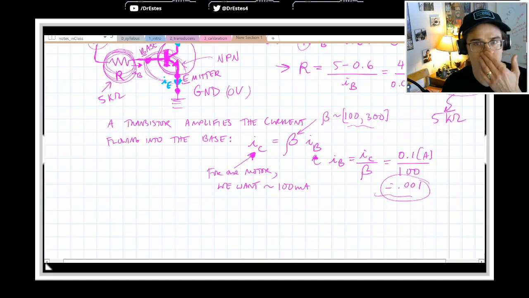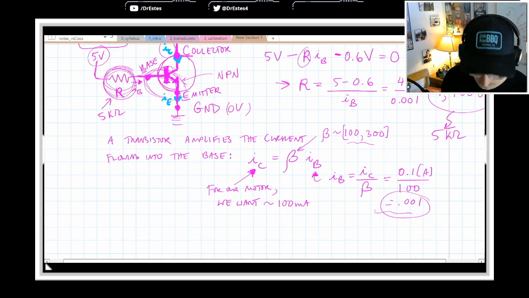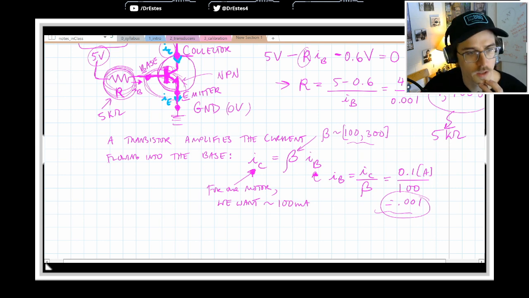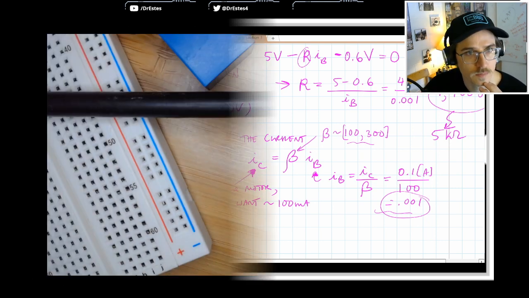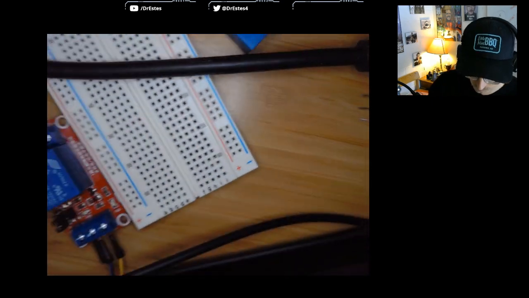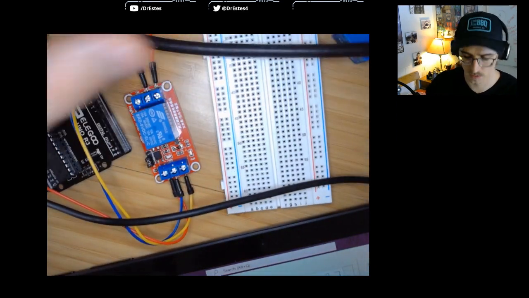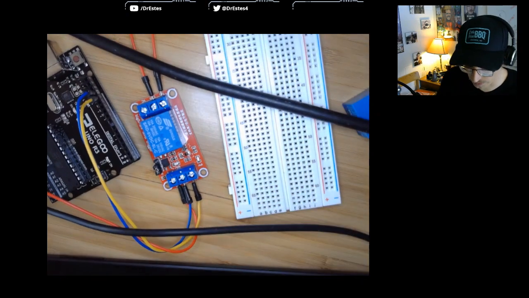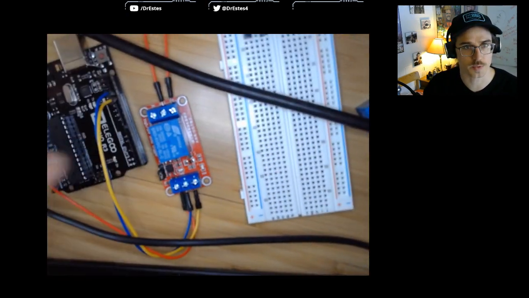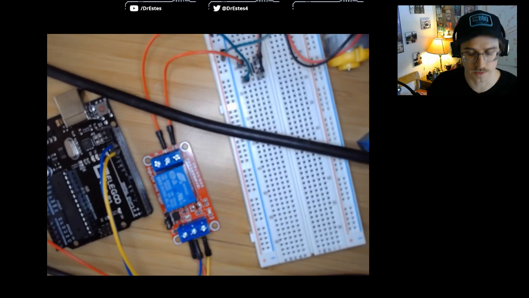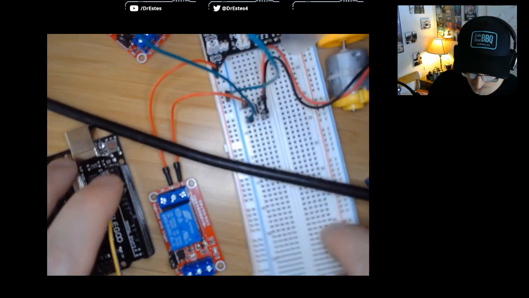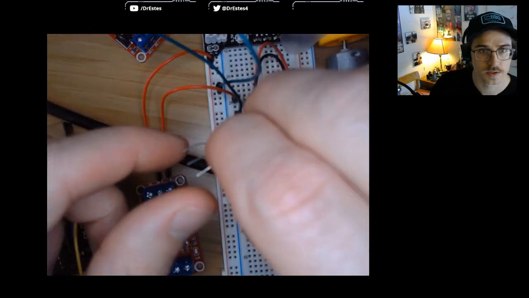How about we hook this up, and hopefully it works. I think it will. I think it's cool. We were running this switch with this big mechanical device, and now we're going to do the same sort of thing with just this little guy.